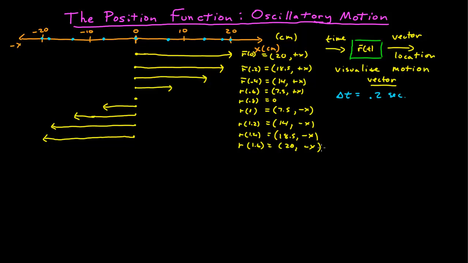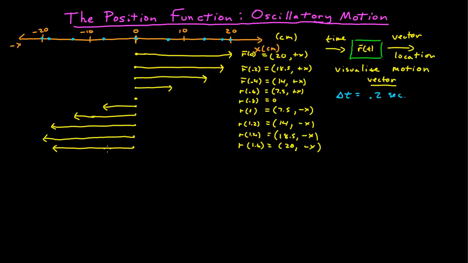Now I'm not going to write all of that out, but I want to continue to write my vector function. If we go to 1.8, then it starts coming back. Now I said each snapshot of the motion diagram exactly overlaps where we saw the motion diagram before.